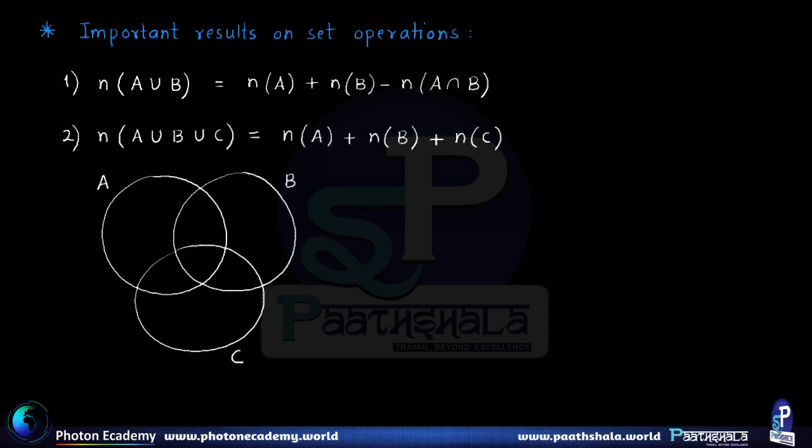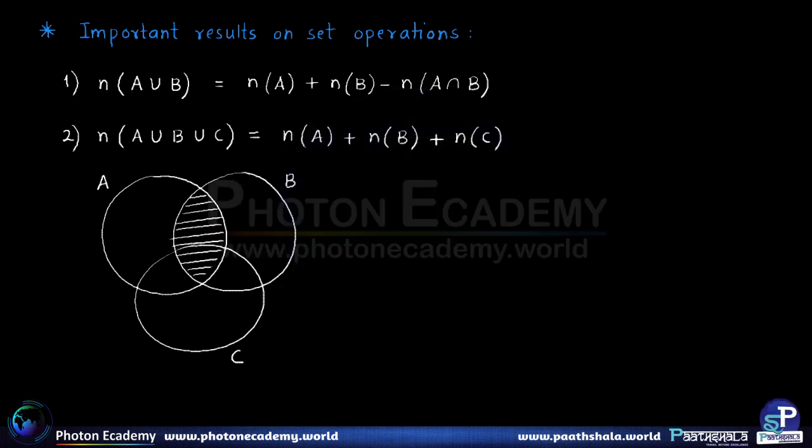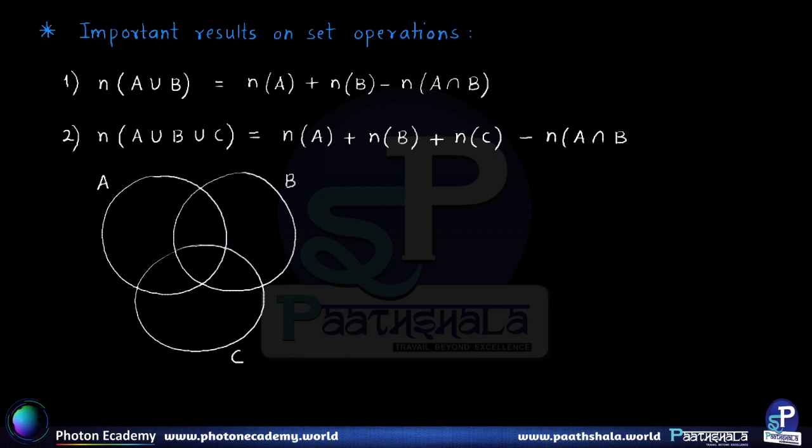It is not, because the region which is common to A and B will get counted twice because it is present in A as well as B. Similarly the region common to B and C will also get counted twice, and the region common to A and C is also counted twice. So we must remove those regions by subtracting the number of elements in those regions.